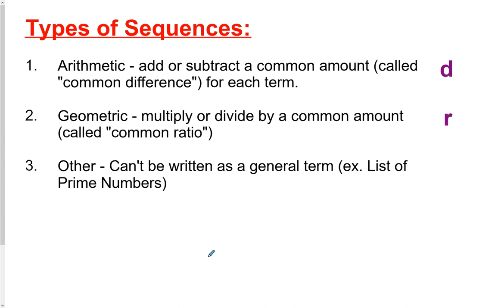And there's no way to write a general term for prime numbers. We know what they are. We've well established them. But you can't write a general term where you say, what's the 5,000th prime number? I'll just get my general term and plug in a 5,000 everywhere there's an n. You can't do that. So some lists of numbers can't be written using a general term.